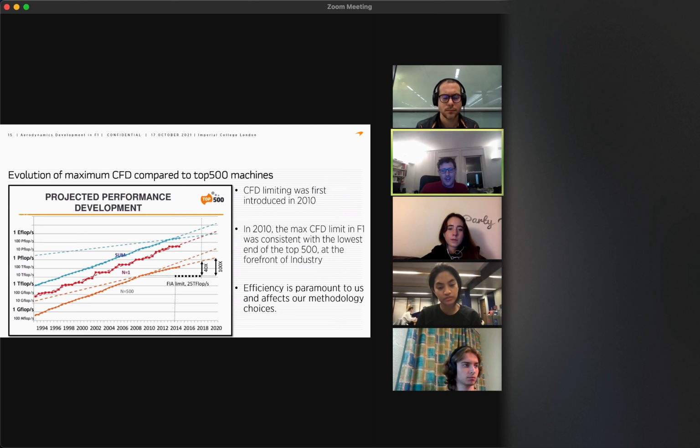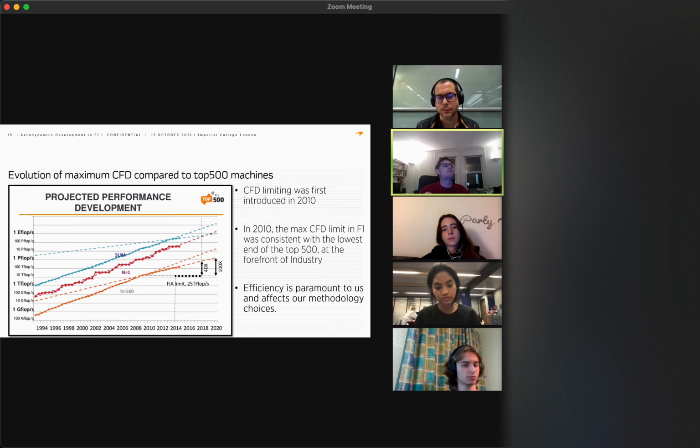So we had those 25 teraflops, which is just a measure of the size of your cluster. At the time when those rules were first implemented, this corresponded to the bottom of the top 500. And so what the FIA has done, to limit the arms race of just buying more and more computer resources, is that they fixed this size. And we've kind of stayed flat since then.